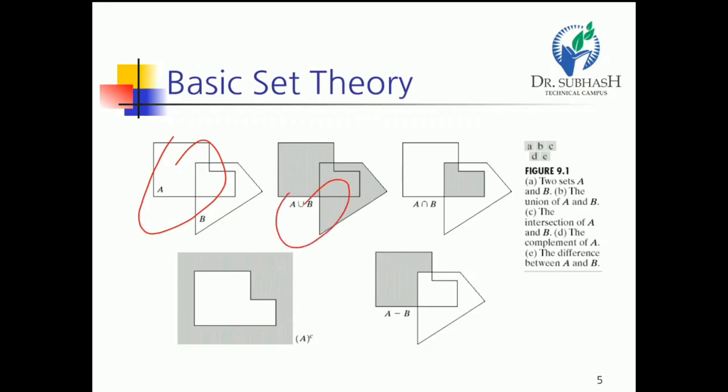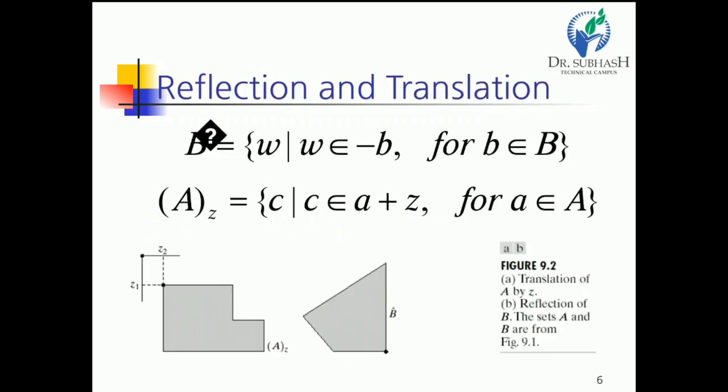So this is the union of A and B. In figure C, that is the intersection of A and B. And figure D is the complement of A, and the last one, figure E, represents A minus B, that means the difference of A with B. This is the basic theory of morphological image processing.